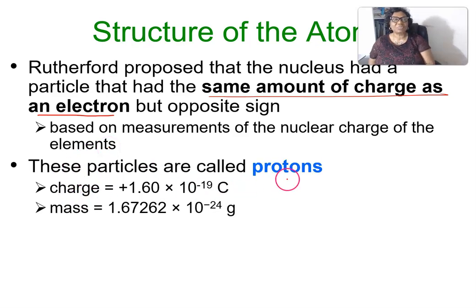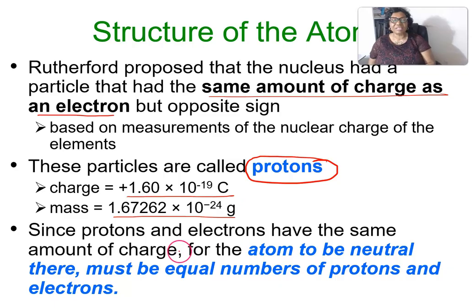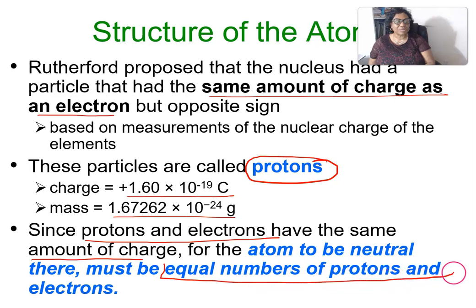And this particle was called a proton. You can see its charge, but look at its mass. And since protons and electrons have the same amount of charge, for the atom to be neutral, there must be an equal number of protons and electrons.